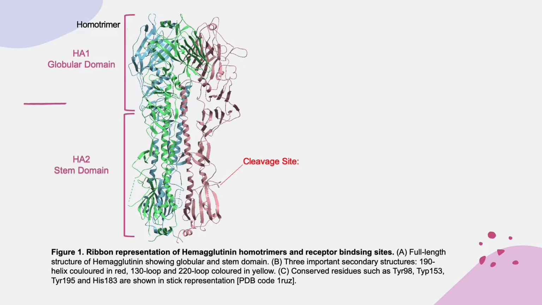The HA1 polypeptide forms a membrane-distal globular head that contains the receptor binding sites, while HA2 forms most of the stem-like structures that anchor the globular domain to the viral membrane.